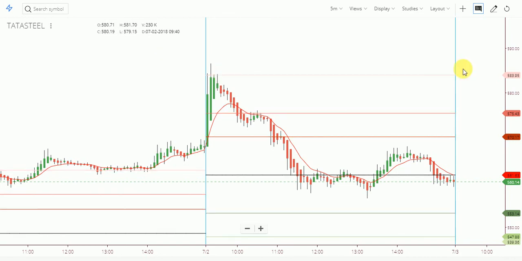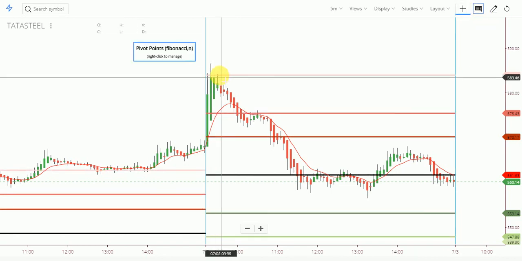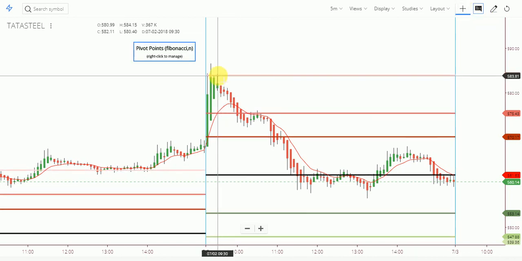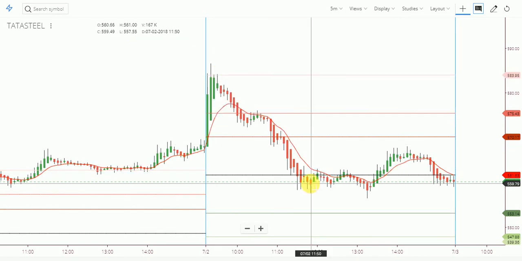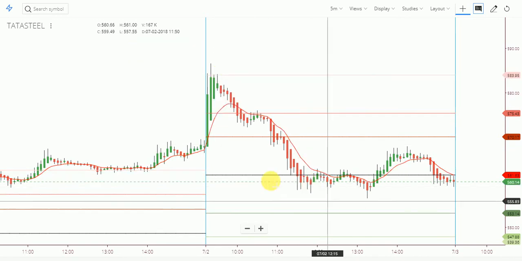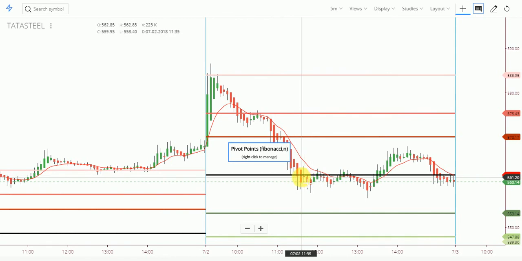Here, after 583 it has fallen. Leave that aside and don't think about a target, because no one knows till where it will go. You can assume and expect, but your expectation should not be more than 2 to 3%, 4%, right?